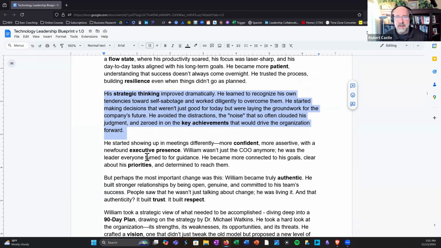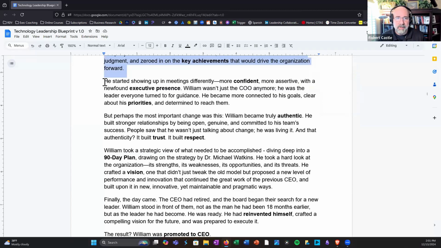He started making decisions that weren't just good for today, but were laying the groundwork for the company's future. And he avoided the distractions and the noise that so often clouded his judgment and zeroed in on the key achievements that would drive the organization forward.